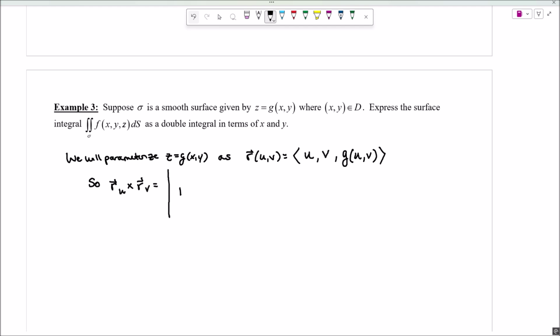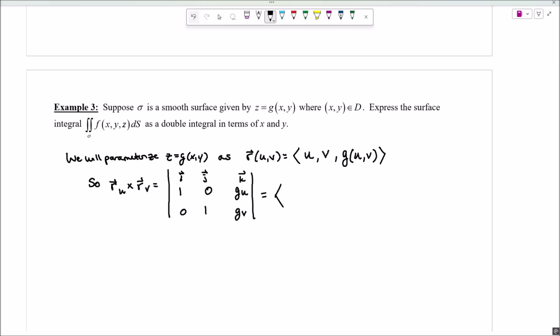Partials with respect to u would be 1, 0, and then I guess a partial of g with respect to u. And I'll just write it as like this. When I do my partials with respect to v, I would get g partialed with respect to v for that final component. I'll go here, throw in my i's, j's, and k's, and finish off the cross product calculation.